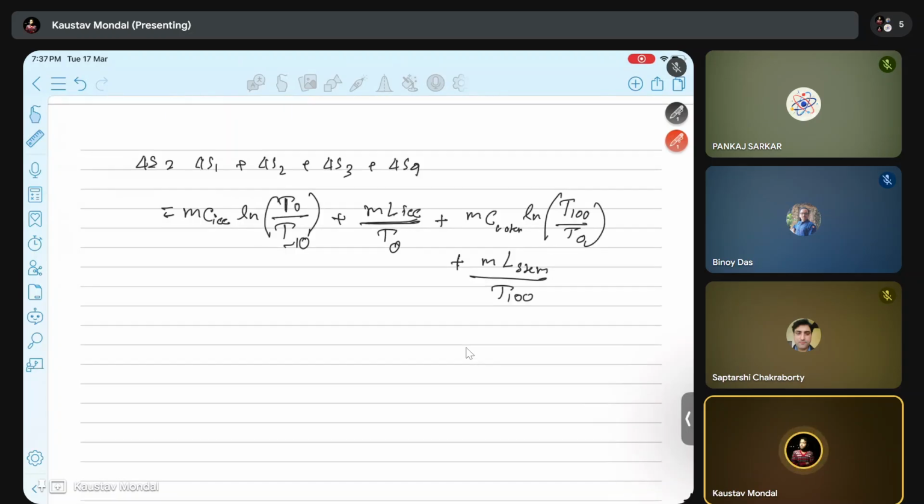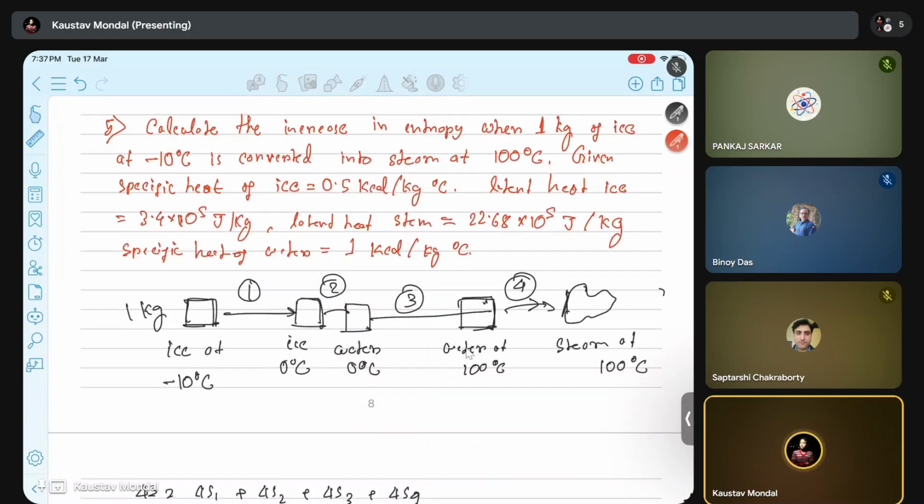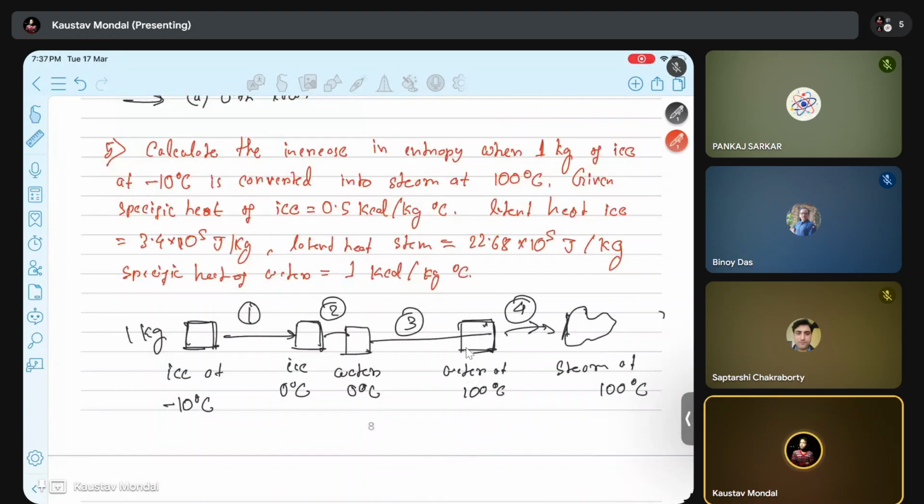Now we have to just substitute the values. The mass is mentioned, that is 1 kg. So 1 into c ice, that is 4.2, right? No, it's given in kilocalorie, so you have to convert it into joule.